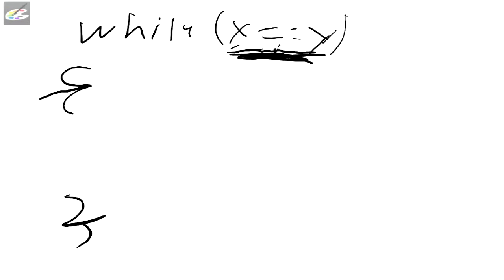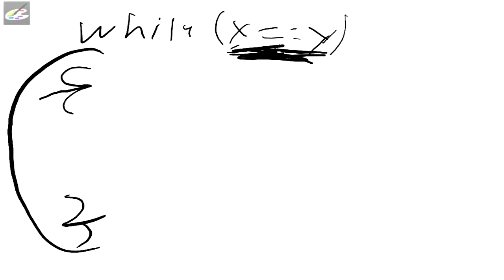So for example, if we had something in here that didn't mess with X or Y and never made them not equal to each other, it will go on forever. But similar to the if, and I didn't say this for the for, once the condition is false for the for and the while, it jumps out. Every loop does that. The if will only go inside the loop if it's true once.